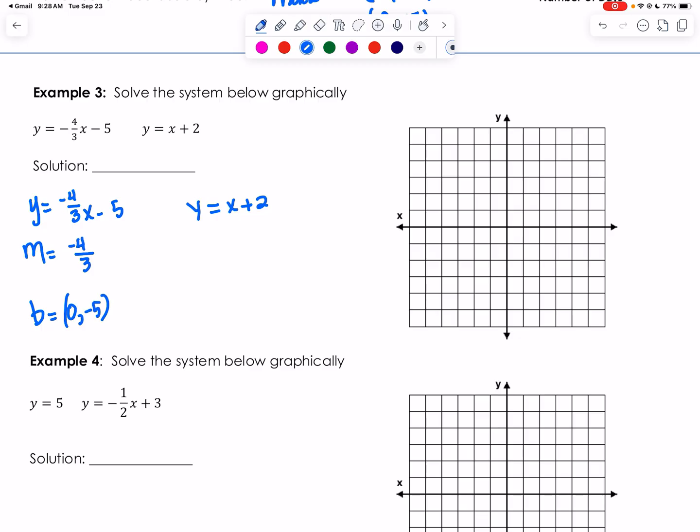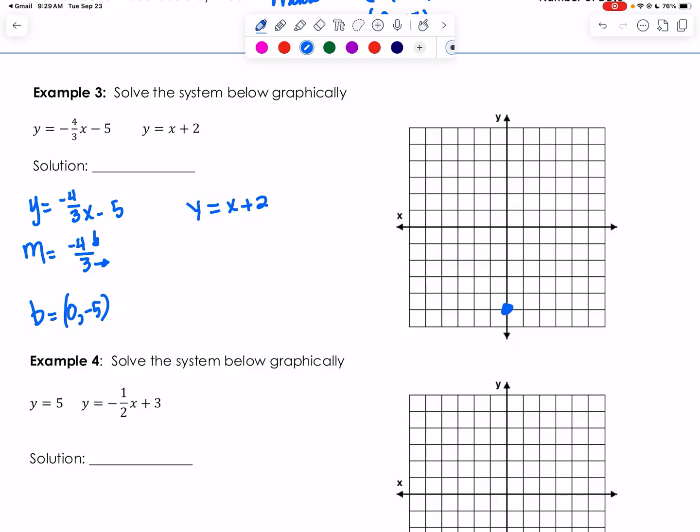So I'll start at my y-intercept, 0, -5. Okay, so there is my starting point, 0, -5. Then my slope is -4 thirds. So my top number is negative, so I want to move down 4. My bottom number is positive, so right 3.